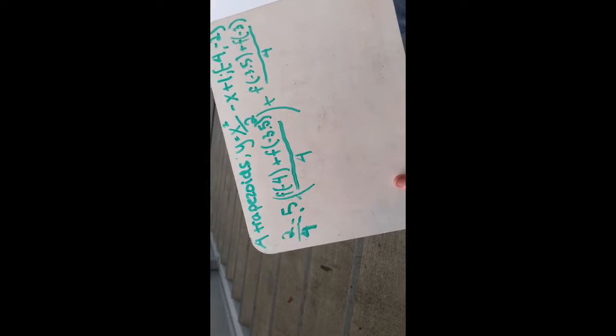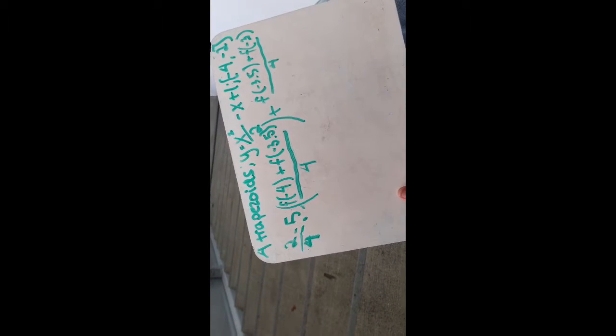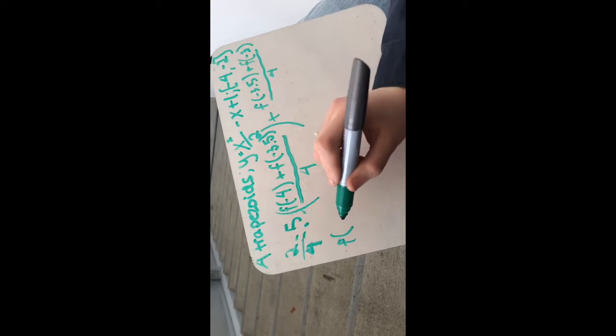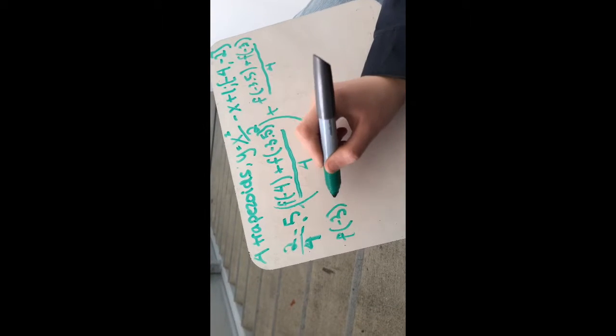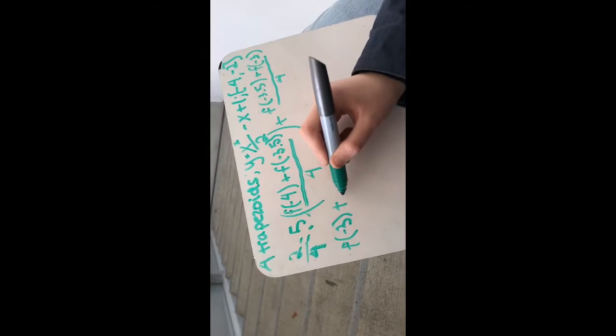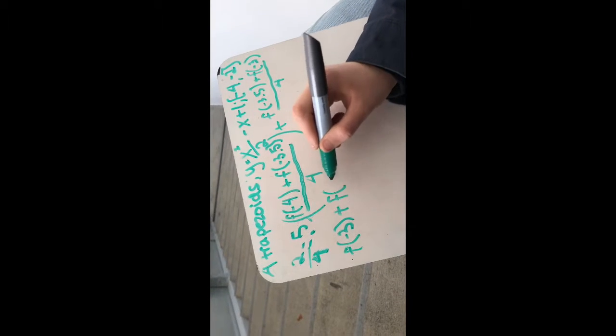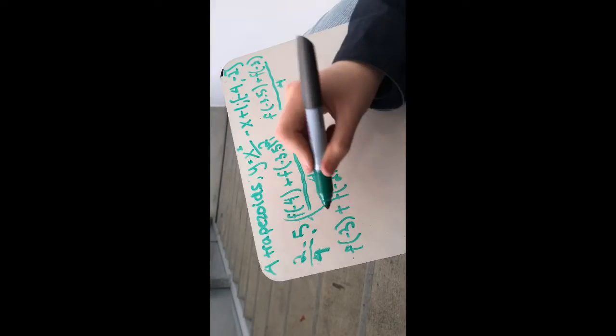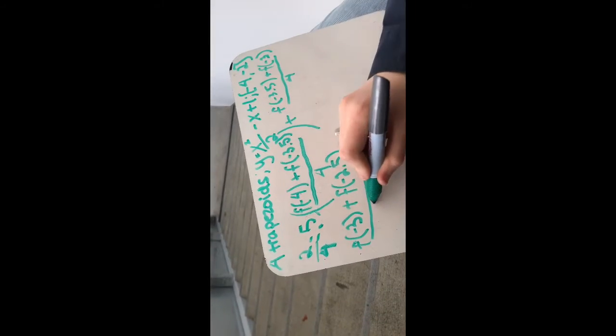And then we're gonna keep doing it, so f of -3 added with f of -2.5, and then divide by 4.